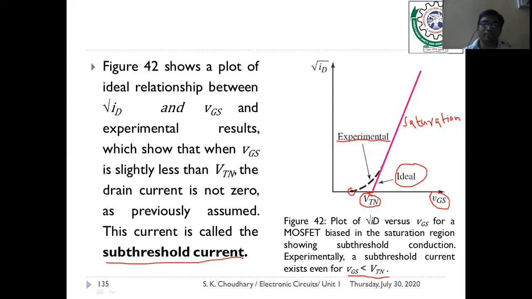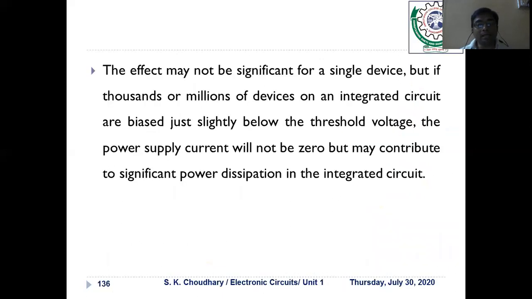If you are using a single MOSFET, this sub-threshold current does not play a significant role, and you can neglect it. But in ICs where thousands of MOSFETs are connected in a single chip, this small sub-threshold current is multiplied and added up, and it contributes a significant amount of power dissipation that can't be ignored.